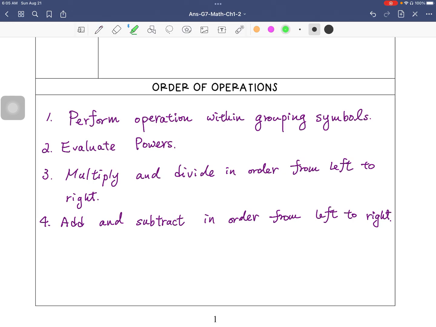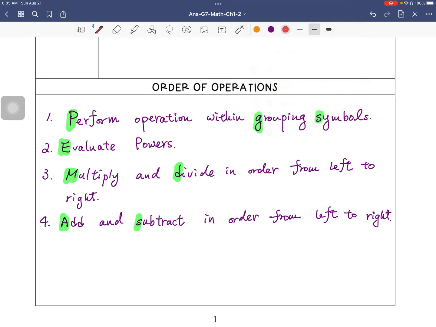So we perform operations within grouping symbols, and then we evaluate powers, and then we multiply or divide in order from left to right, and then we add and subtract in order from left to right.